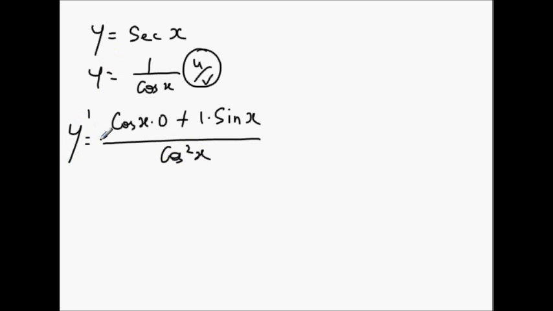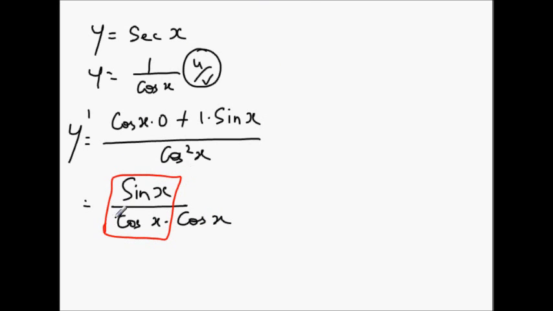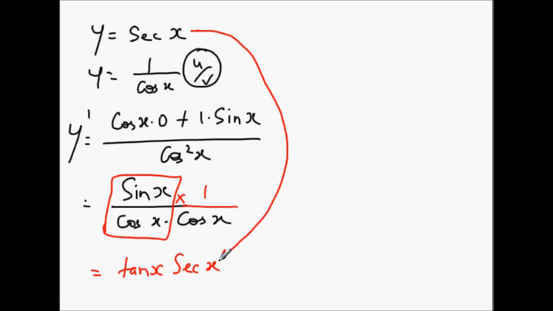This is y dash, which is sin x over cos squared x. I'm writing cos squared x as cos x times cos x. So what happens here is sin x over cos x times 1 over cos x, which is tan x secant x. This is the derivative of secant x.